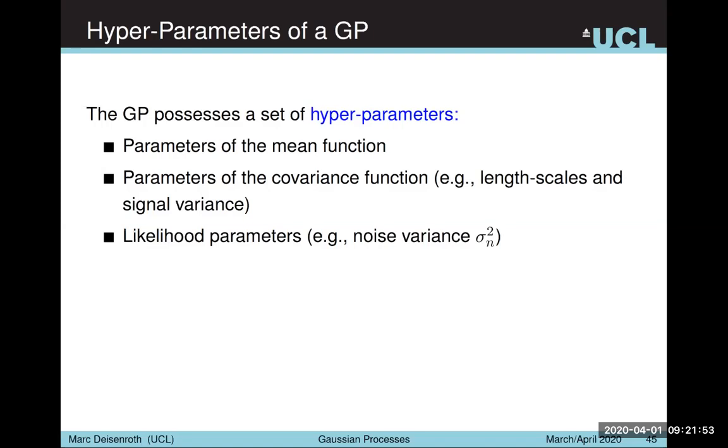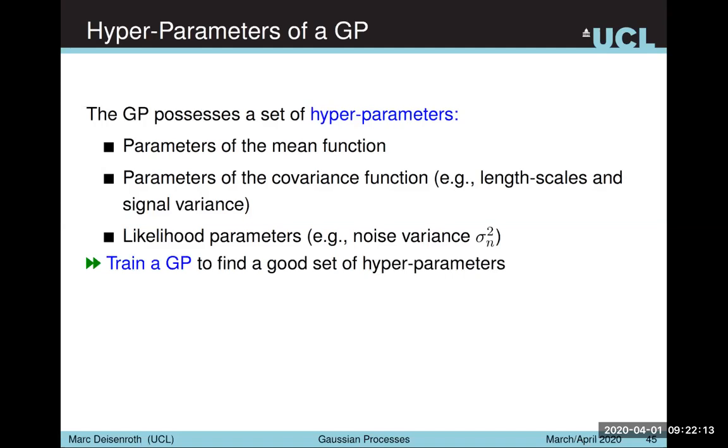Yesterday we said that in the Gaussian process setting, we can think of the function itself to be the set of parameters if we compare this with the Bayesian linear regression setting. And so these hyperparameters are higher level parameters in that sense.